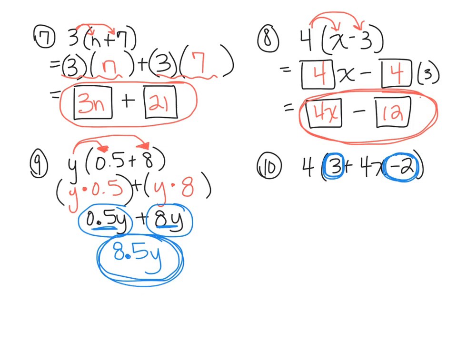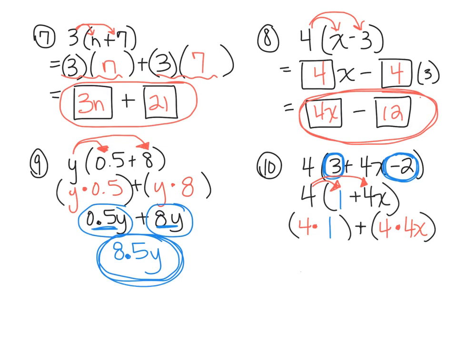In number 10, notice that you have some like terms inside your parentheses that you can simplify first. So 3 take away 2 is simply 1. And then you have 1 plus 4x inside parentheses. Now go ahead and use your distributive property to distribute the 4 that's outside those parentheses to each piece that's inside.